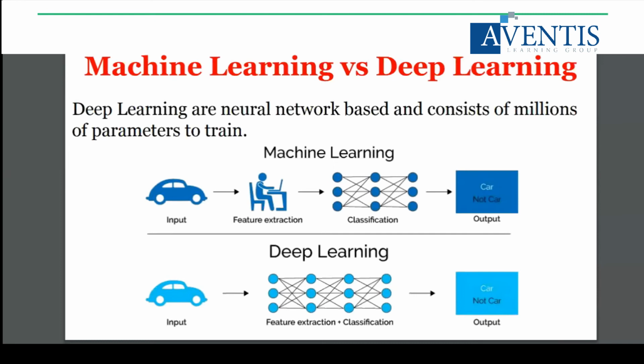So this is the most important difference between machine learning and deep learning. That's why today in all those exciting fields like computer vision and natural language processing, deep learning is the solution, no other options.